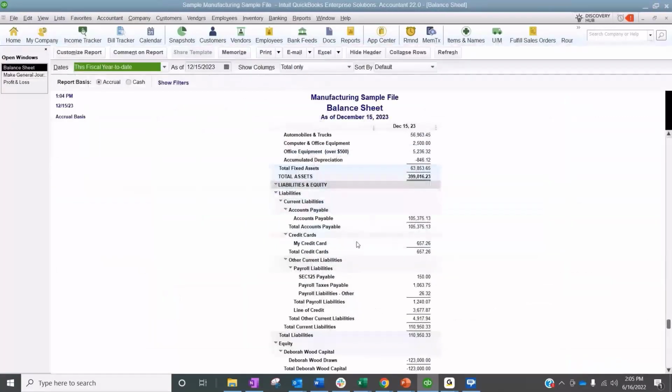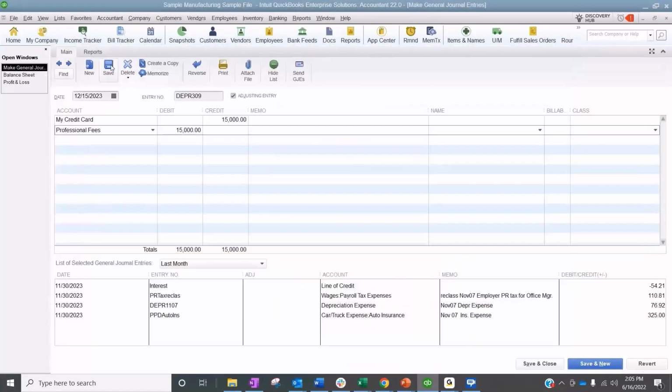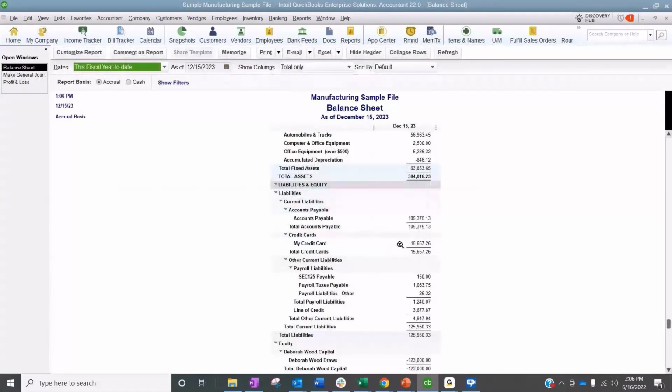On my balance sheet currently before I save, it says $657. As soon as I save this, it makes it further positive $15,000. So it makes it go up. All right.